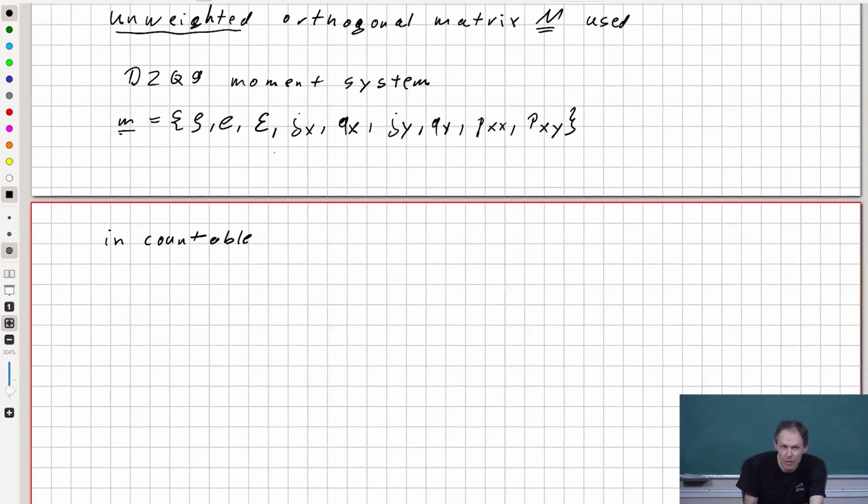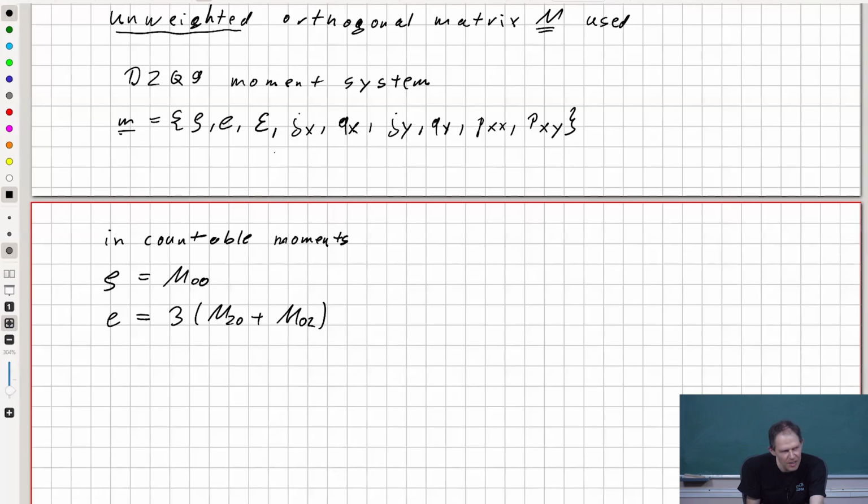In countable moments. Yes, so rho is the only one that is simple. Oh no, there are three that are simple. Rho is M00. Then there is E, that is 3 times M20 plus M02.